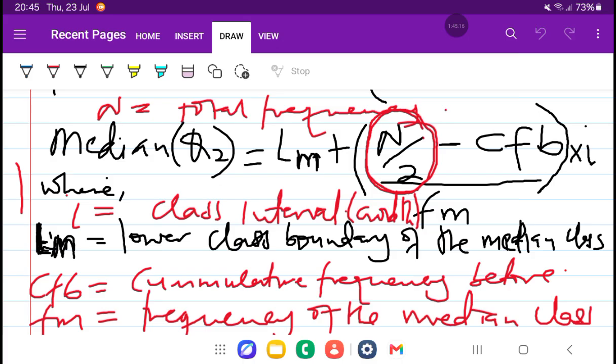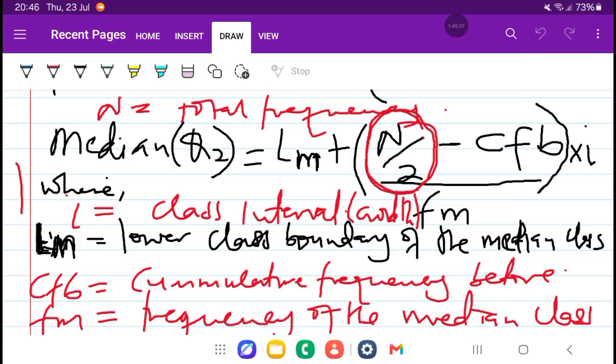So the guiding factor is n over 2. For median, it is n over 2. For lower quartile, it's going to be 1 over 4 of n, or n over 4.